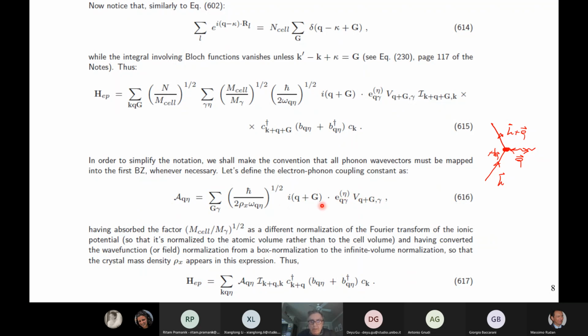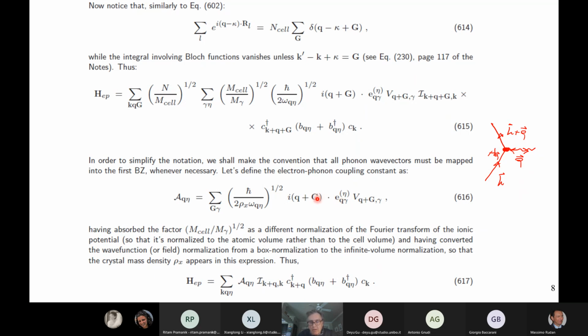Now, I want to spend a little bit of time, which I should have done last time, drawing some conclusions for this form. I remind you, this is the polarization vector, which is the unit displacement. It tells me in which direction the ion gamma in each unit cell moves when it is affected by a phonon branch eta and wave vector q.